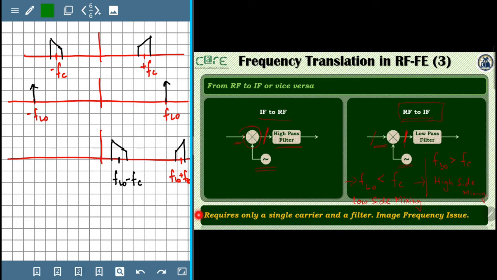These were the contributions from this impulse. Now let's have a look at the contributions from this impulse in the convolution process. There will similarly be a signal that moves towards minus FLO minus FC, which will be on the extreme left of this diagram, and then there will be a signal at minus FLO plus FC, which will be somewhere here.